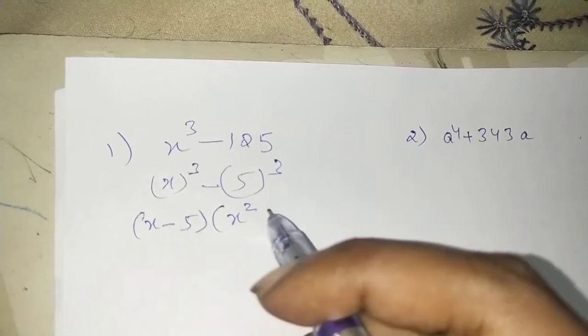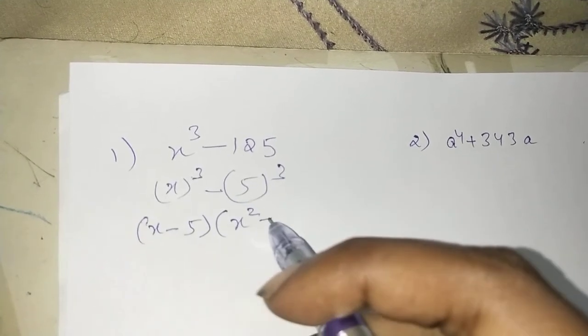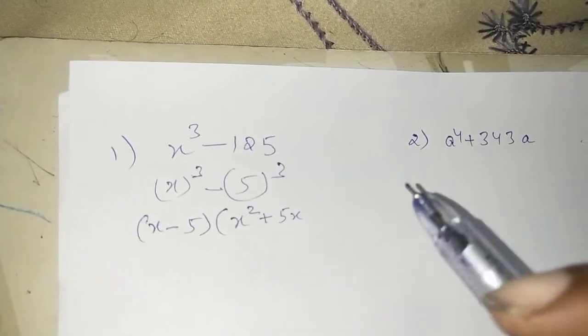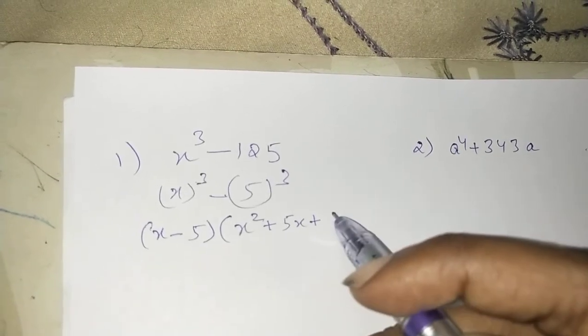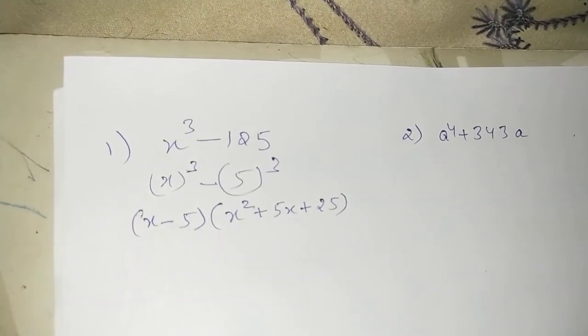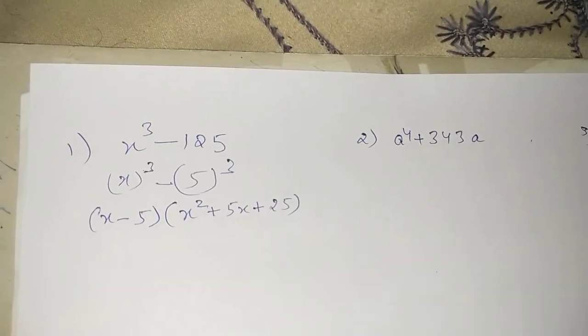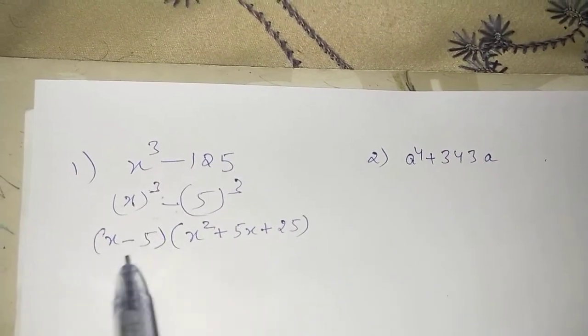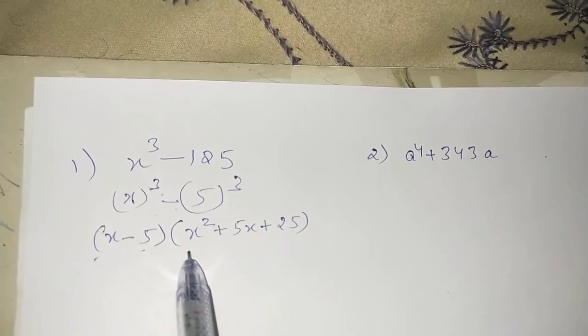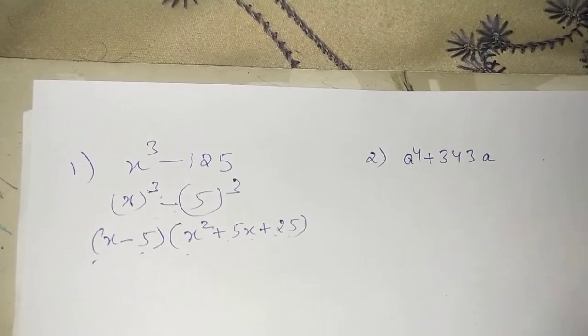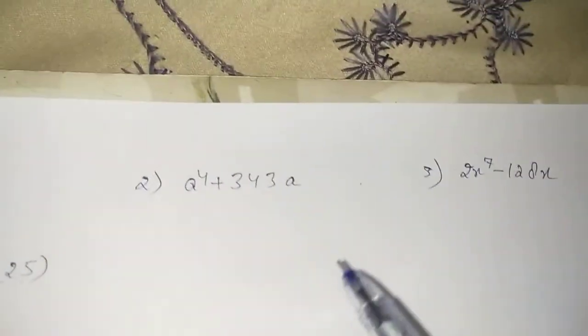Opposite of this sign will be the sign for ab, that is plus a into b plus b square. Isn't it children? Okay, straight away a cube minus b cube, a minus b bracket a square plus ab plus b square.